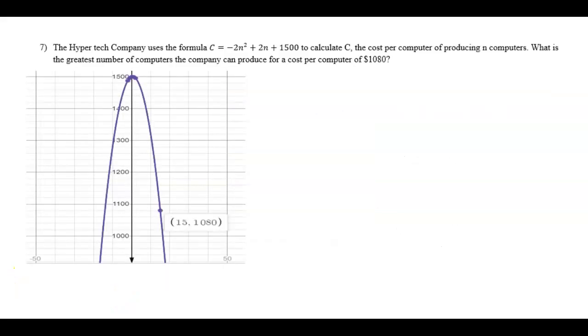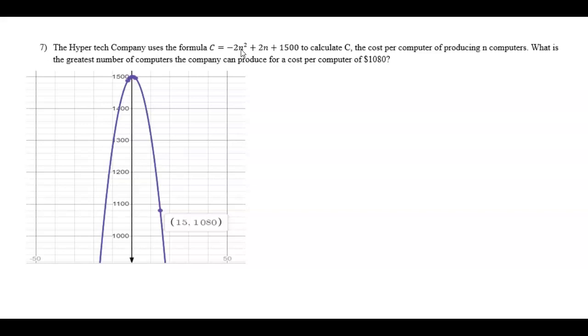All right, last question here. The Vertex company uses the formula C equals negative 2n squared plus 2n plus 1500 to calculate C, which is the cost per computer of producing n computers. What is the greatest number of computers the company can produce for a cost per computer of $1,080? Now, this function right here models the cost per computer of producing n computers.